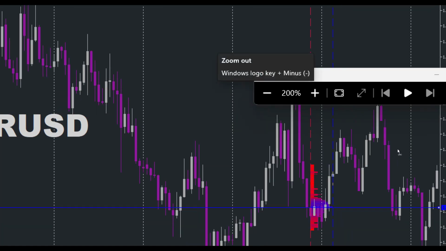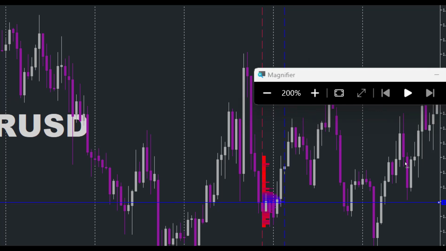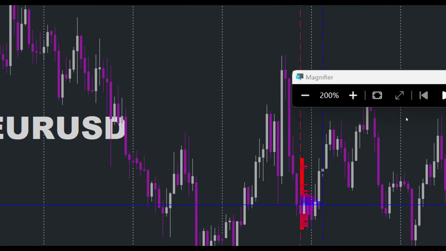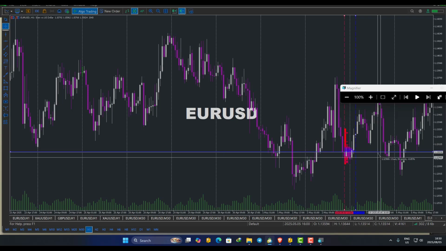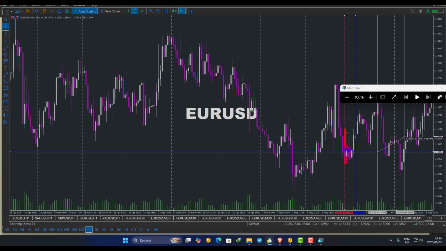Okay, so we continue to move. Price comes there, it hits that. Let's see how many pips it goes down by. It goes down by about 6 pips, and then it goes up by 15 pips.